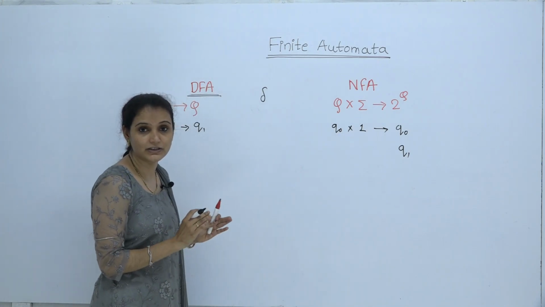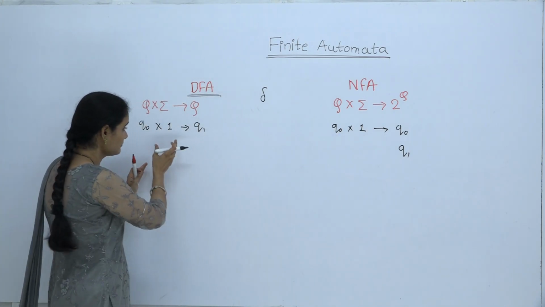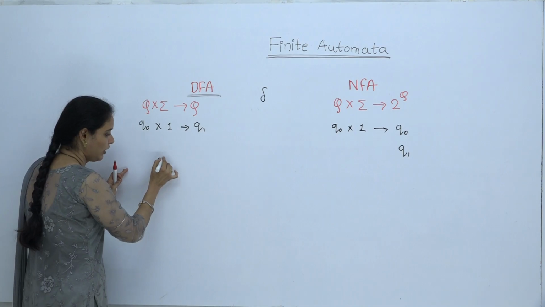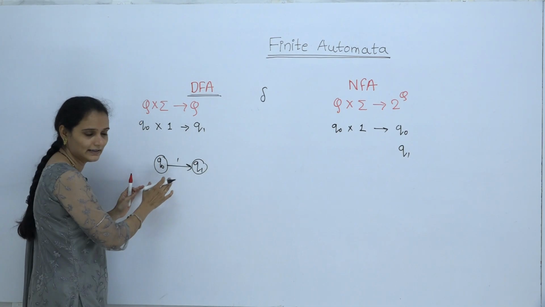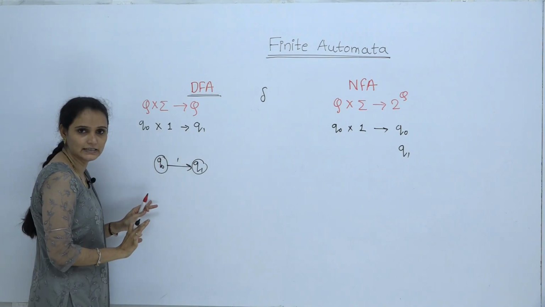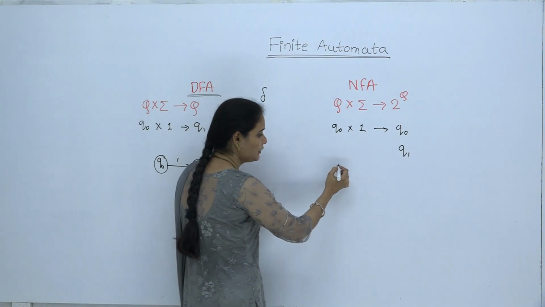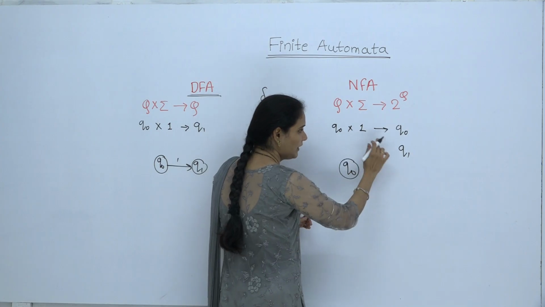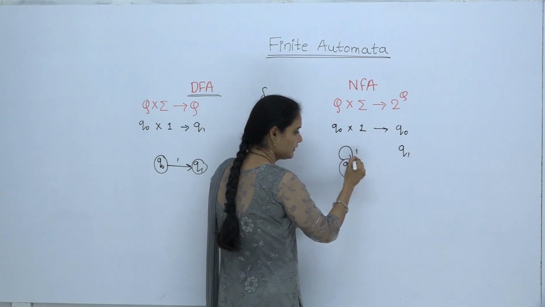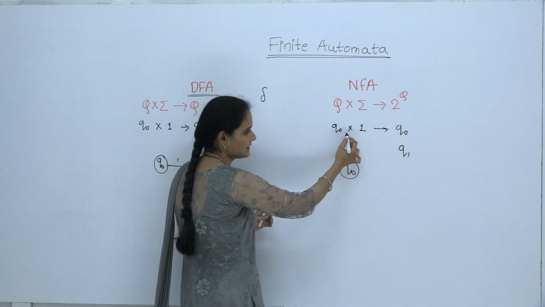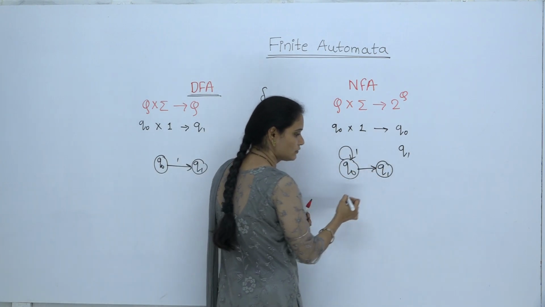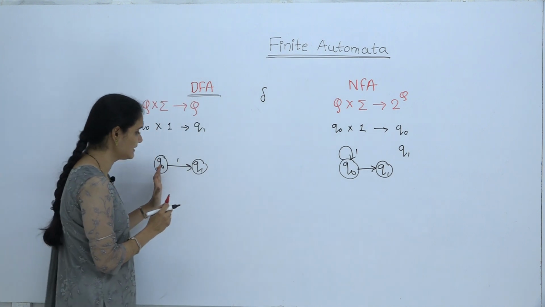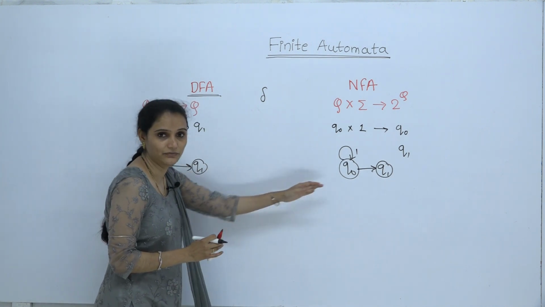So what is the difference, did you understand, students? In DFA, q0 on input 1 goes to q1, and that will be represented in this way. Here in NFA, q0 on input 1 goes to q0 as represented over here and it goes to q1 also. So what is the difference between DFA and NFA?